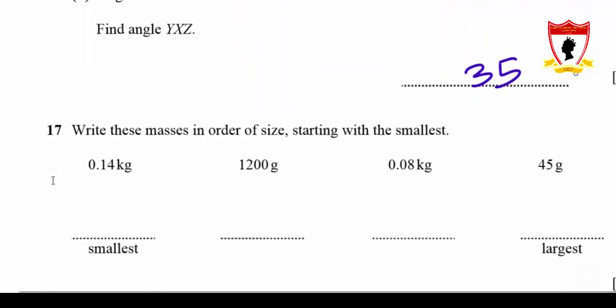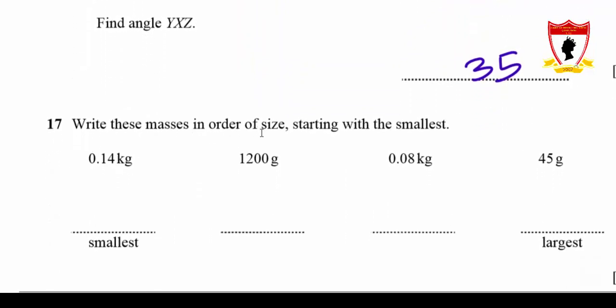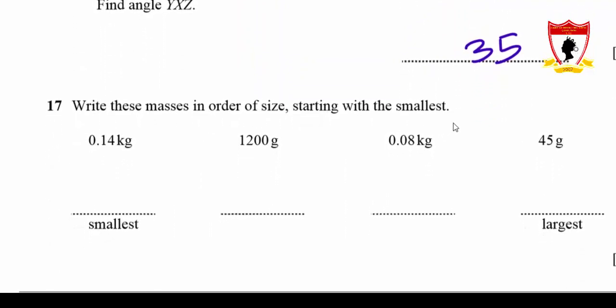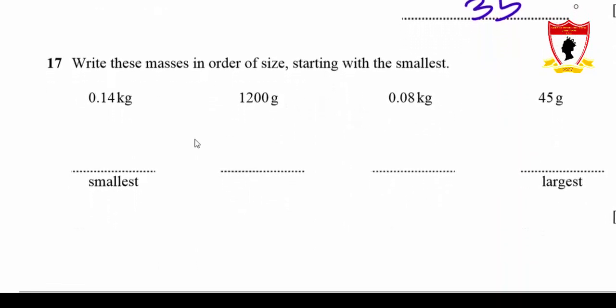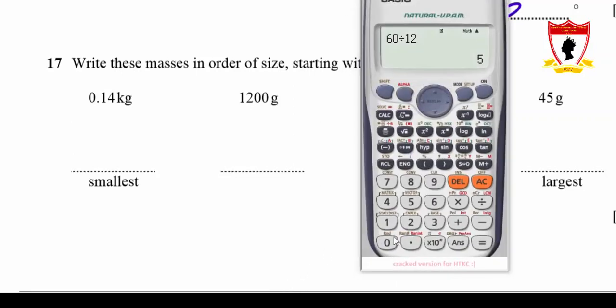35 degrees. Write these masses in order of size starting with the smallest. Okay, these masses, 45 grams. 45 grams is the smallest. How can we convert kilogram to gram? If we multiply by 1000. Then 0.08 times 1000 is equal to 80.